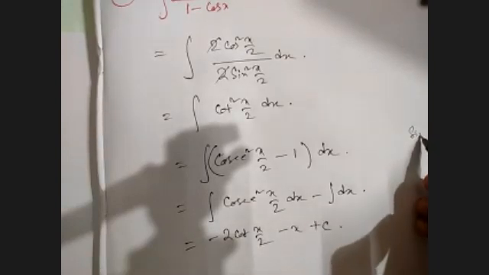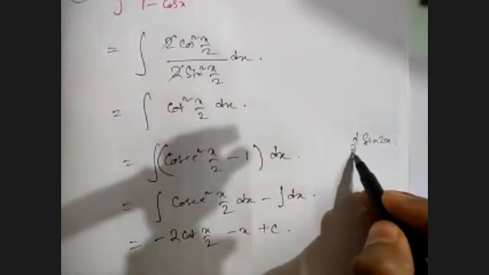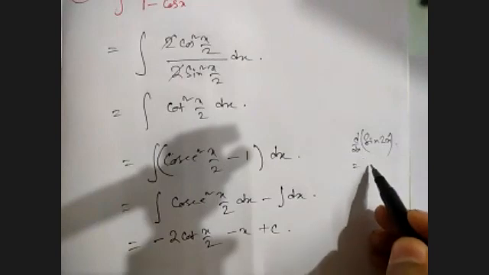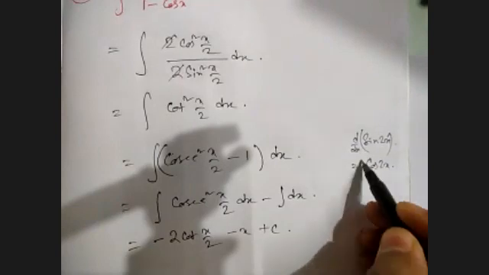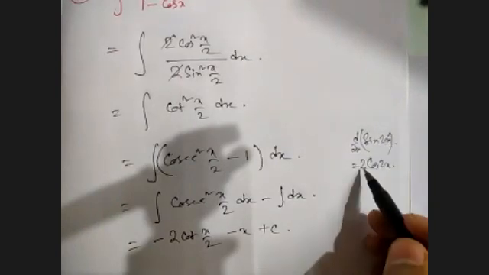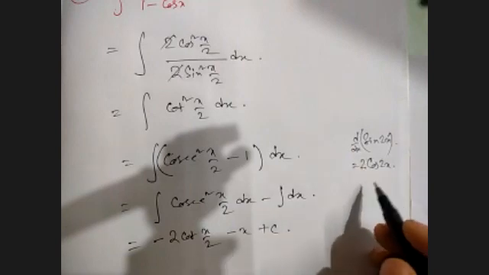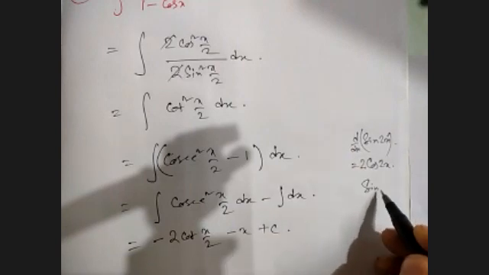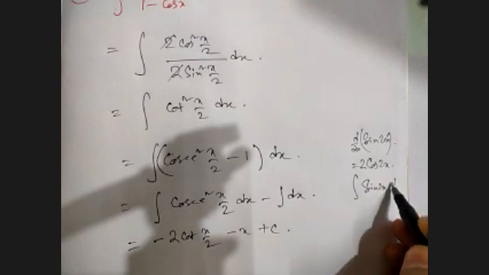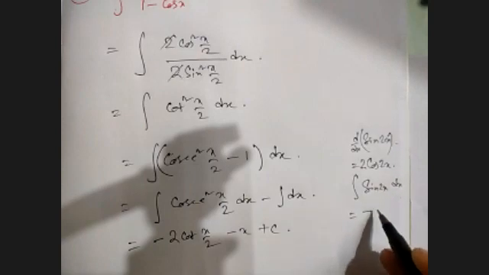Here, like in differentiation, we have done d/dx of sin 2x. How have we done it in differentiation? Cos 2x into 2, since d/dx of 2x is 2. In the same way, in integration, how do we do it? Suppose you are doing integration of sin 2x. This is equal to minus cos 2x divided by 2.